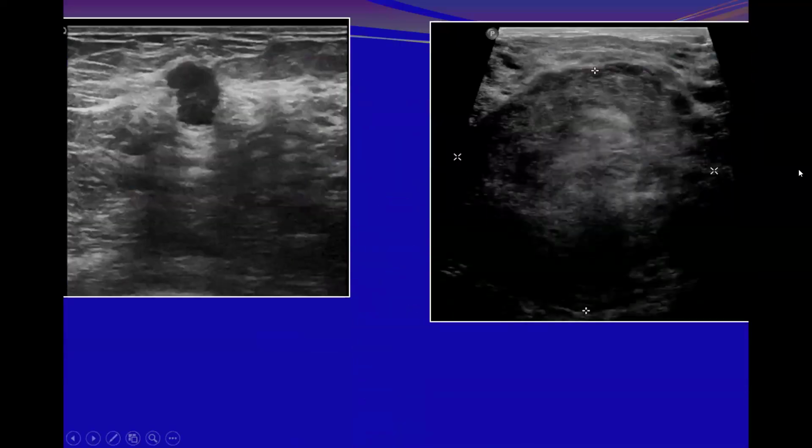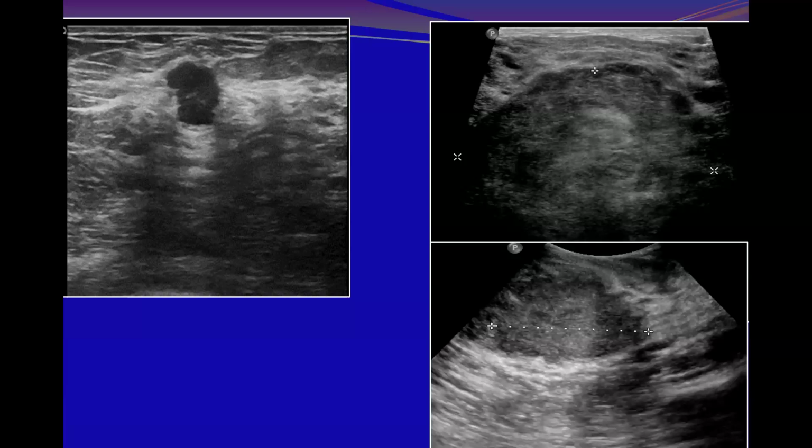Okay, if we look here, these small lesions, microlobulated, non-parallel, malignant, both are my cases. But this one I could see throughout, obviously, whereas in this one I can see only part of the lesion, and due to extensive posterior shadowing it is difficult to visualize the deep portion. So I used the convex probe, and here I could visualize the lesion.